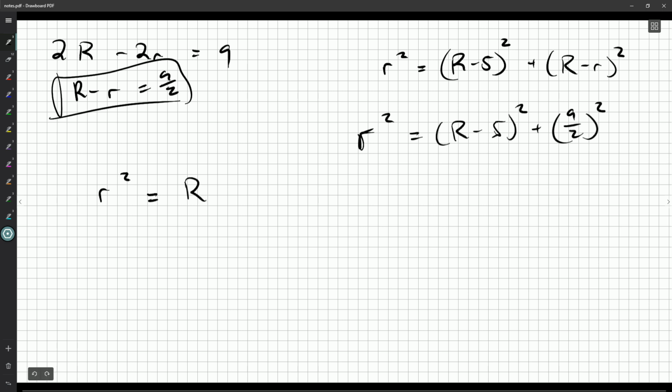Okay, so r squared minus 10r plus 25 plus 81 over 4. Okay. Where to go from here?